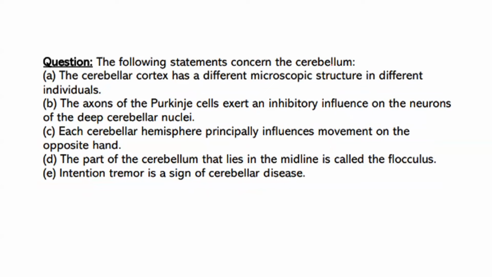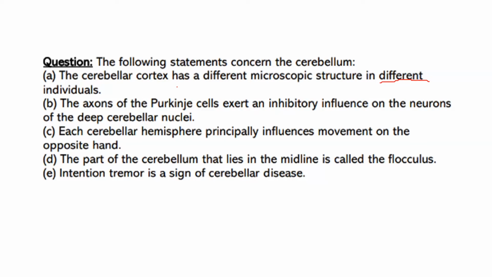Okay, the following statements concern the cerebellum. The cerebellar cortex has a different microscopic structure in different individuals. This answer would be kind of concerning if it was correct, since having different brain structures between different individuals would be a lot of problems for medicine. But it is incorrect.